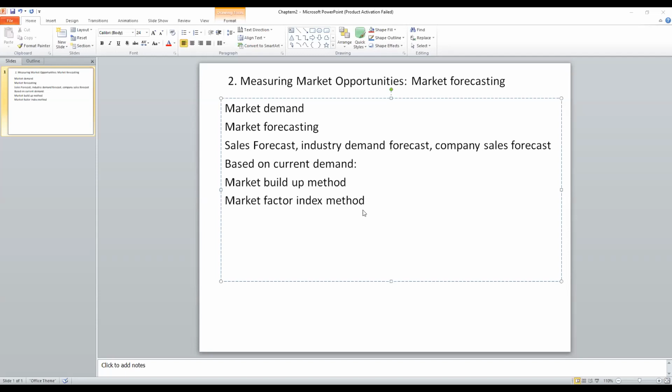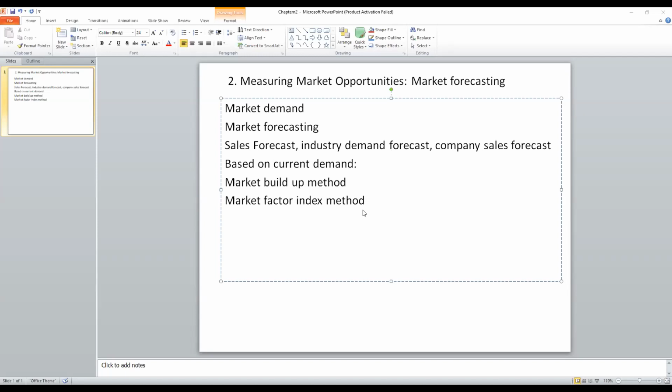For example, next year's sales for any product will depend upon how much the makers of this particular product spend on marketing of that product. It will depend on many environmental factors also, like the competitors, the taste and preference of customers.